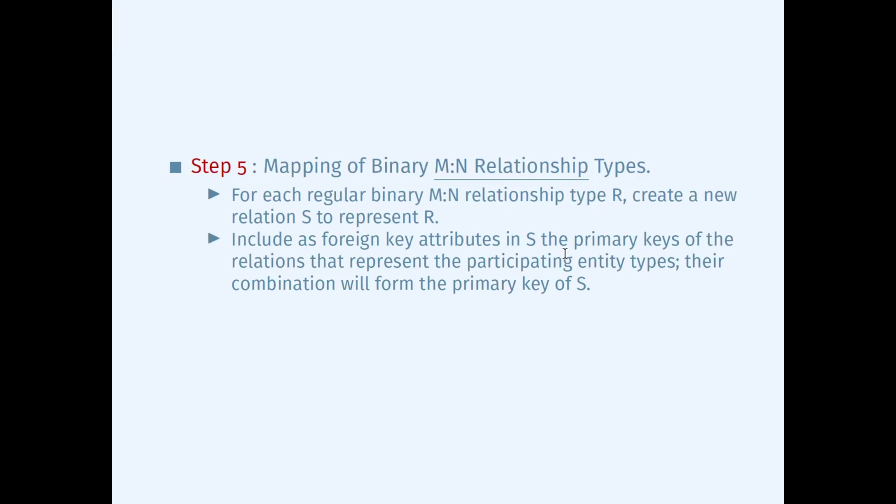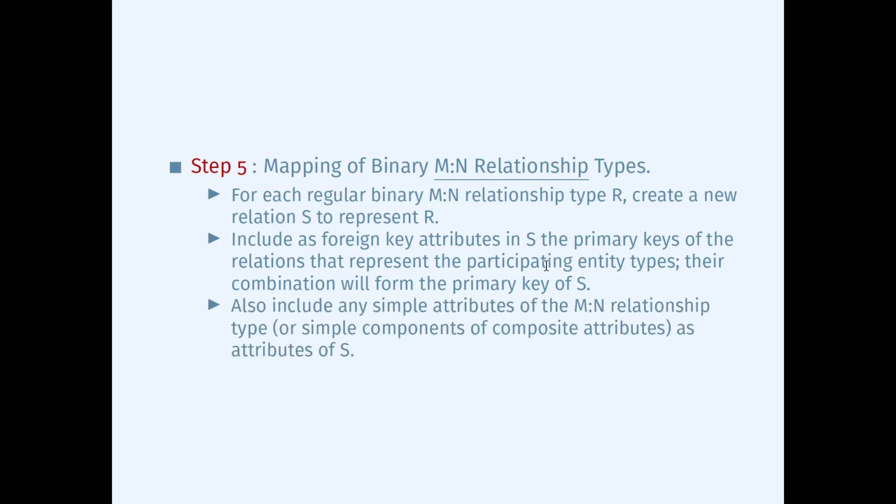Then you include both primary keys as foreign keys so that you combine them to make the primary key of S. Any attributes you have in the relations, you put here.